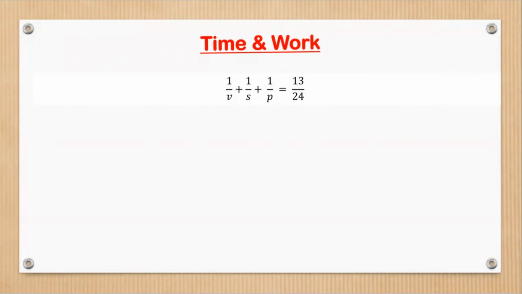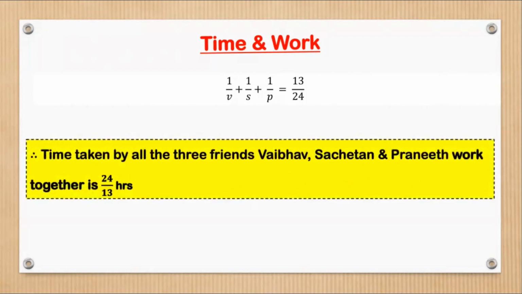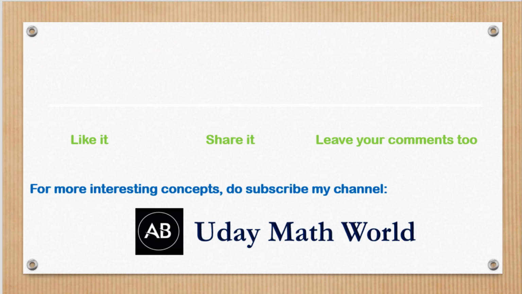Then automatically the reciprocal of this is the time taken to finish the task by all three friends. So the time taken by Vaibhav, Sachetan and Praneeth working together is 24/13 hours. Hope you understood this concept very well. Thanks for watching.